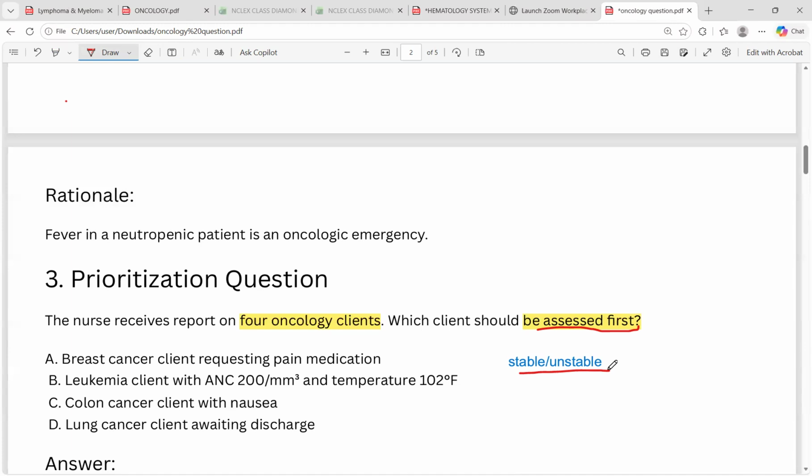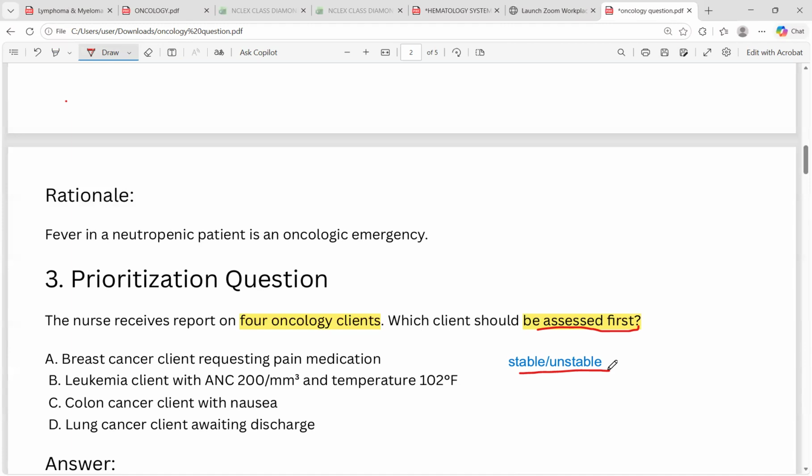Okay, so we have got 4 options, so we read and find out which patient is unstable and which patient is stable. Breast cancer client requesting pain medication. Leukemia client with ANC 200, so low, and temperature also is there.